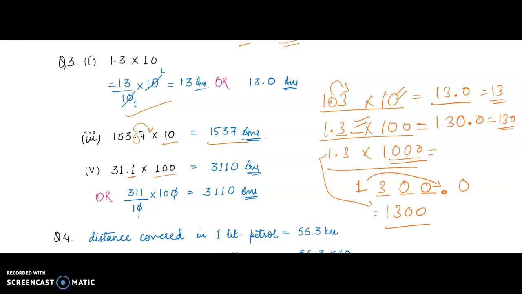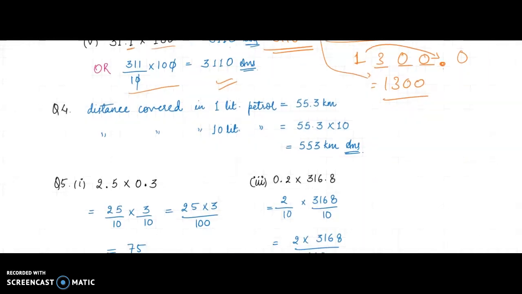Now I am having one place here, so I'll have to put a 0. Or you can use this method also, converting decimal to fraction and then multiplying. This is also correct, but if you want to do it directly, then you will shift the decimal to the right hand side, or this may be written like this also, 0.0. This is also correct and this is also correct.